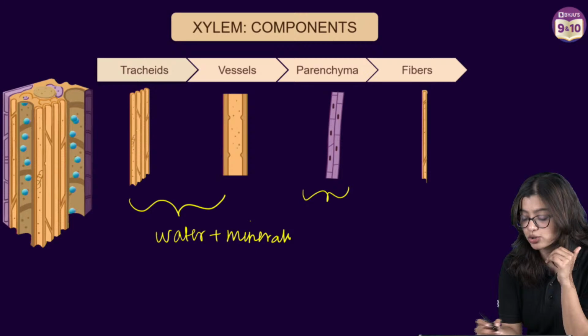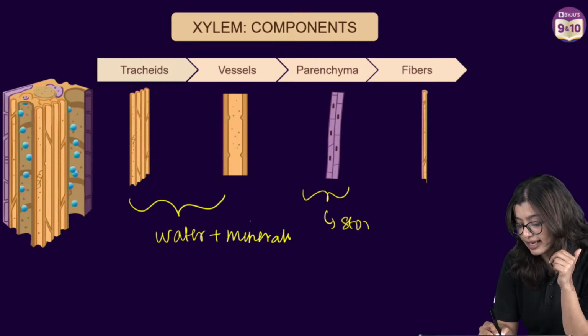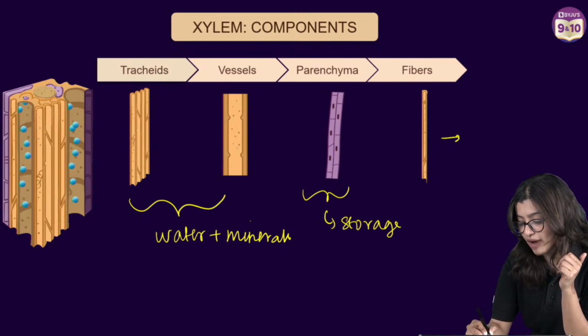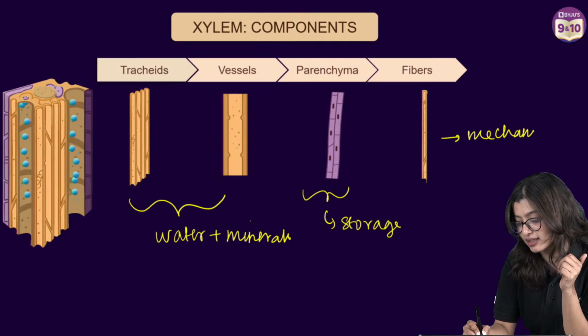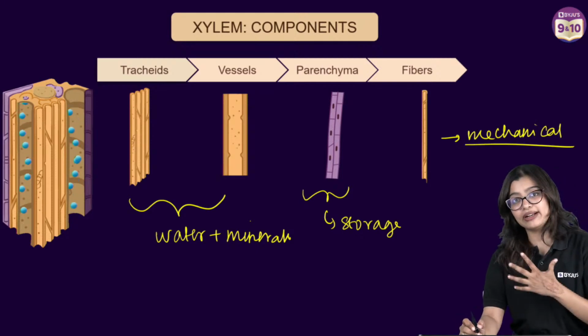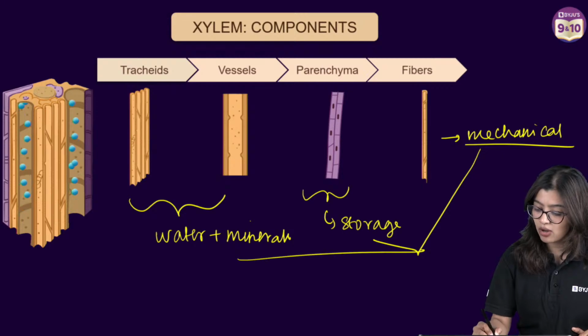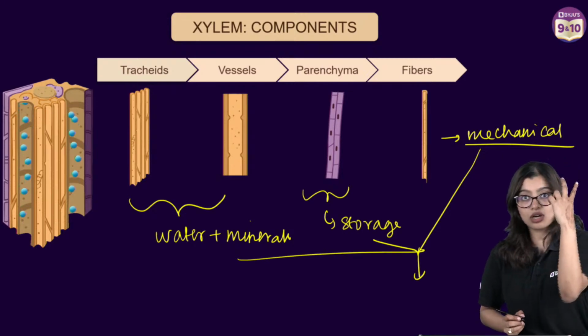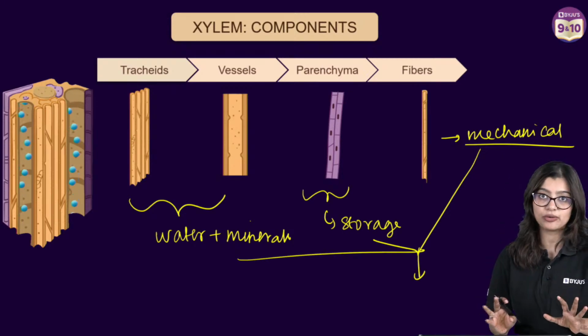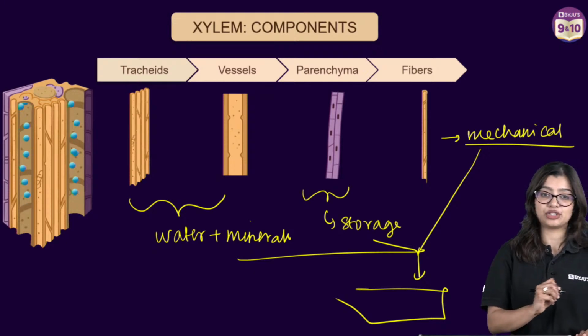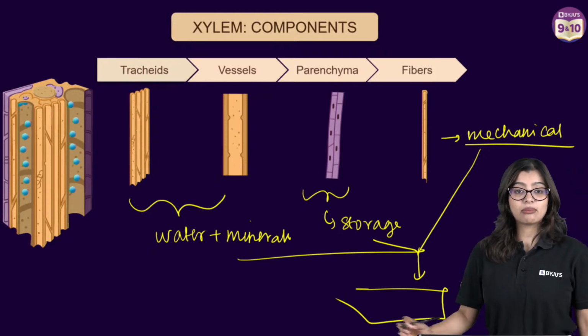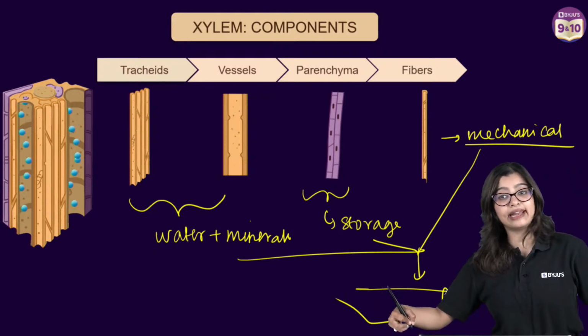Parenchyma to an extent also helps in transport, but mainly helps in storage of food. Fibers here provide mechanical support. So individually they're doing different things, but they also work together to carry out a common function, that is transport, which is why it is a complex tissue. Ma'am, मेरा question है कि why they contain different?